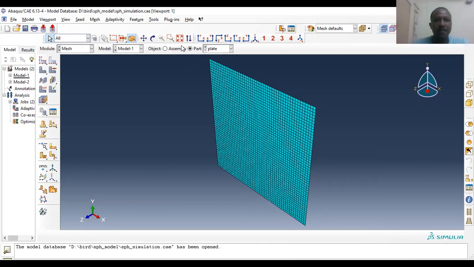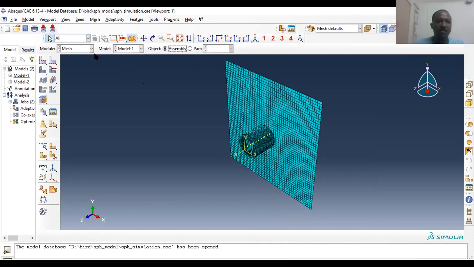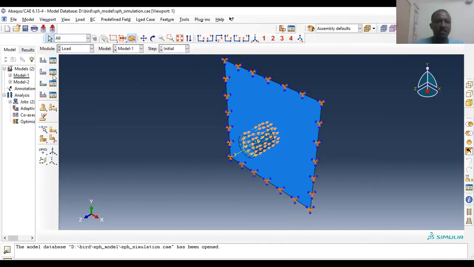Then what is next? The next one is assigning load. We assign the boundary of the plate as a rigid boundary, so that an encastre boundary condition is considered for the plate, because this part of the plate is taken from the structure of the aircraft.